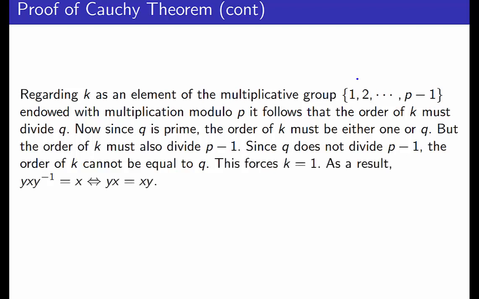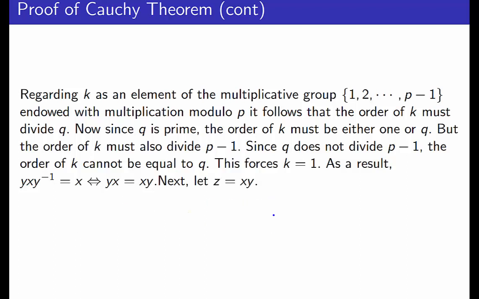Okay, so this forces k to be 1, and as a result we get that y x y inverse must be equal to x. This tells us then that yx must be xy.